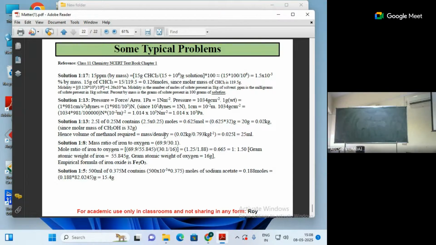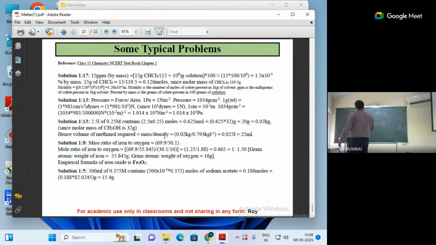How the number of equivalents is equal on the product side and reactant side: I can give a very simple example. Hydrogen plus chlorine giving you HCl. Now you count: 1 atom of hydrogen is how many gram equivalents of hydrogen? Obviously 1.